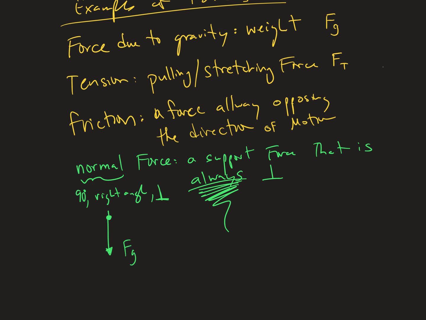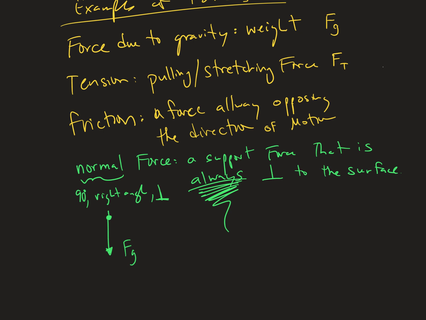Perpendicular to the surface that the object is on. So the object has to be on a surface in order to have a support or a normal force. Good? And is it always straight up? No, it's always perpendicular to the surface that it's on.